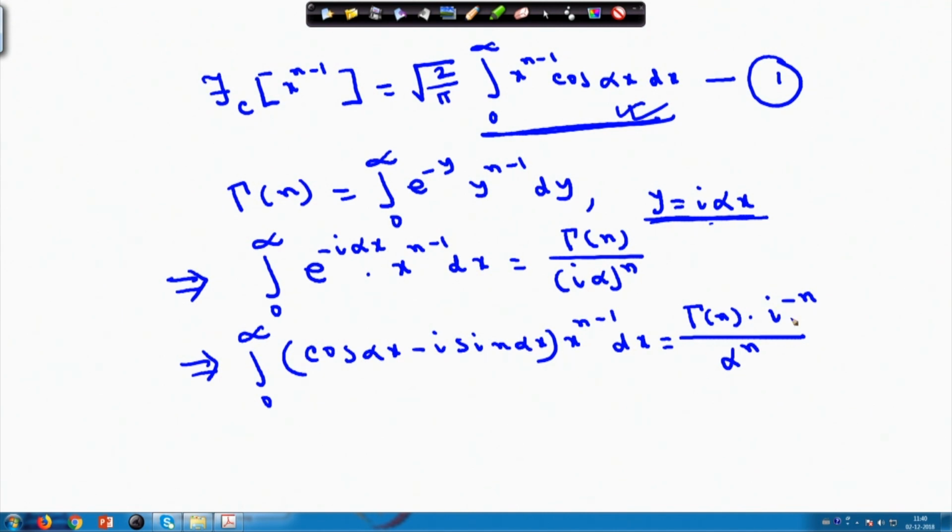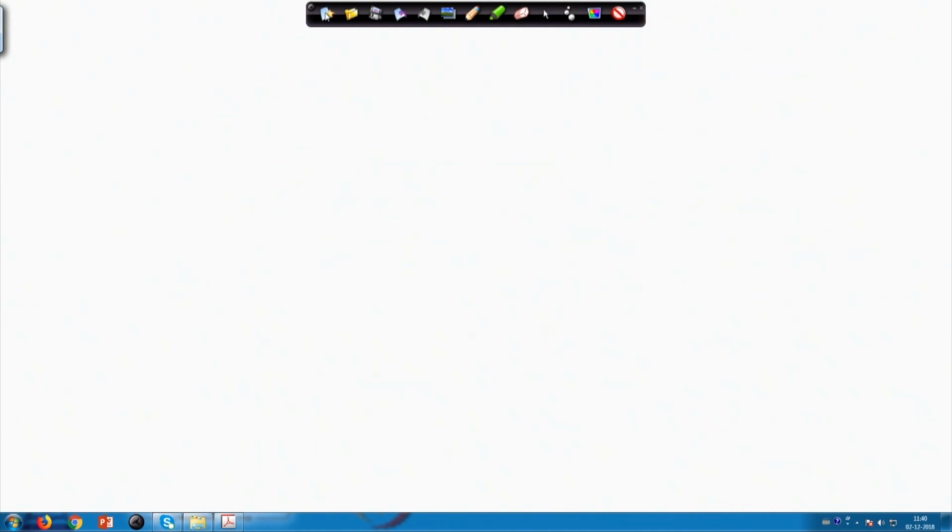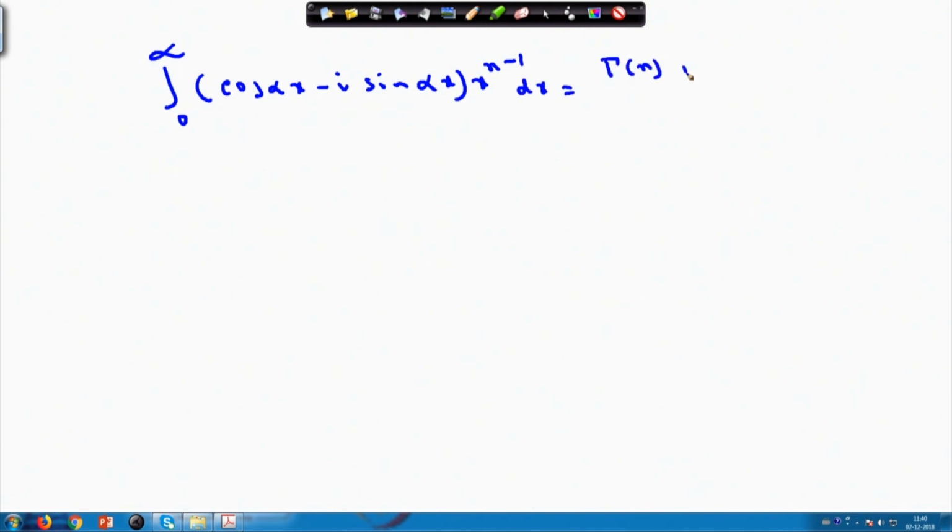Now we have to simplify this function. So this equals, therefore, in the next line I can write the integral from 0 to infinity of (cos of alpha x minus i sin of alpha x) into x to the power n minus 1 dx. This you got as gamma n into i to the power minus n by alpha to the power n.